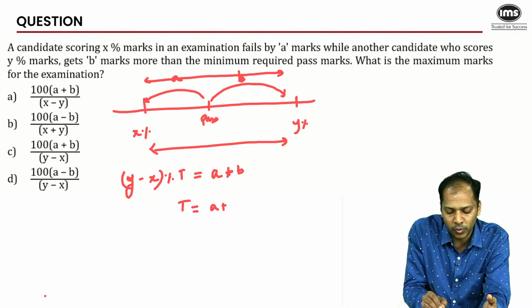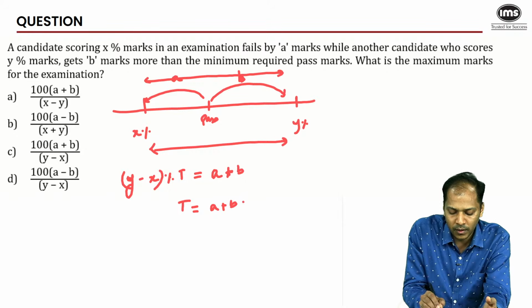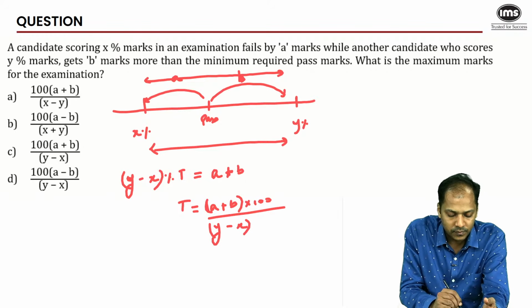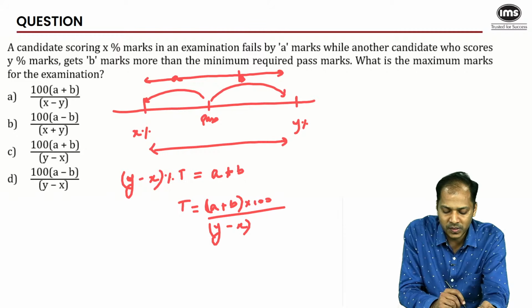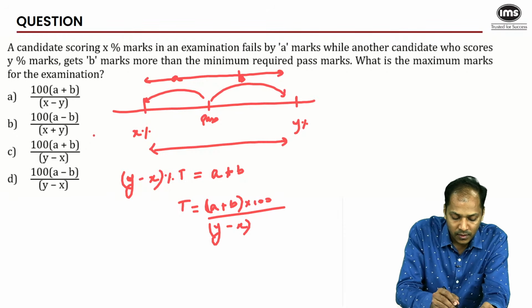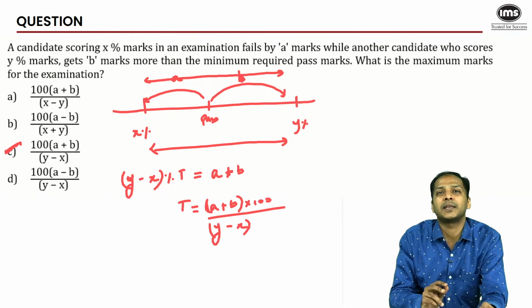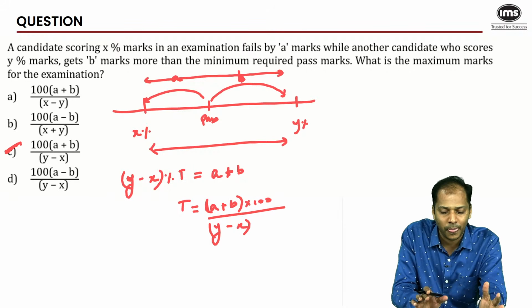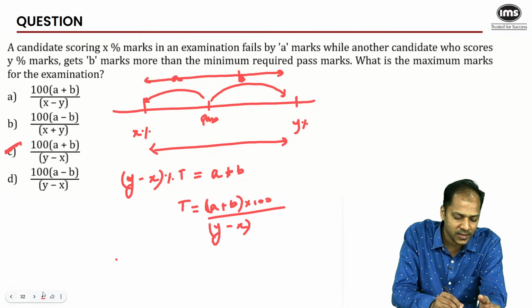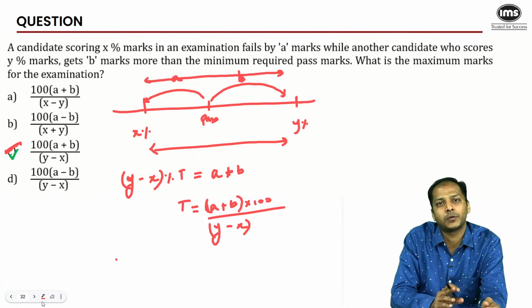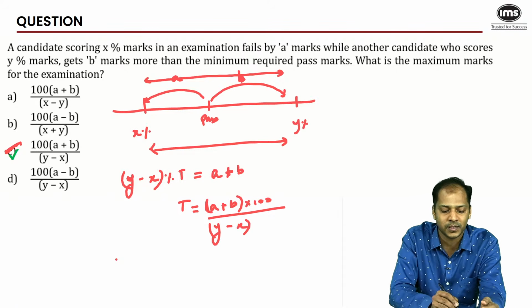Therefore, the total is equal to (A plus B) into 100 upon (Y minus X). The answer should be option C. Pretty straightforward. You just have to write the equation properly. So yes, that's the answer. I think substitution would have taken a little longer. So solving by this method gives us the answer very quickly.